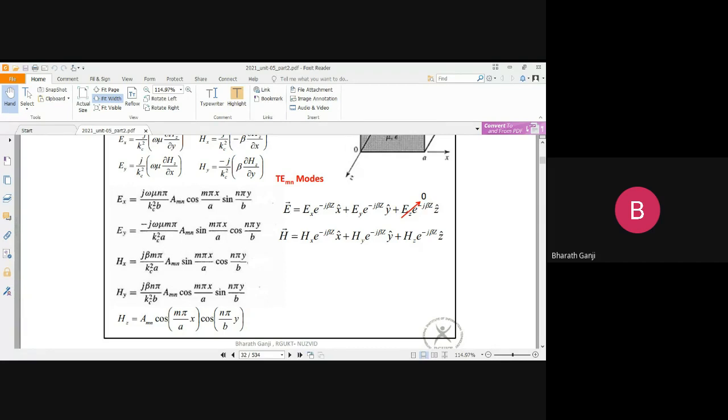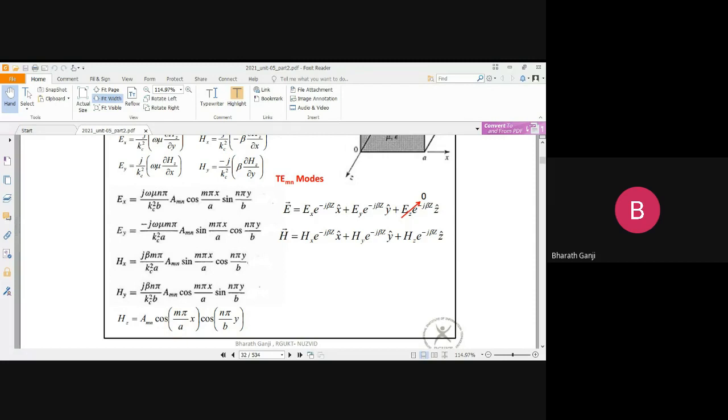your Ex component is some constant, jω and all that, some constant. Of course there is a j, so maybe write it as j times some constant E0 times cos of πx by a and sine of πy by a, again because it is of the same dimension.